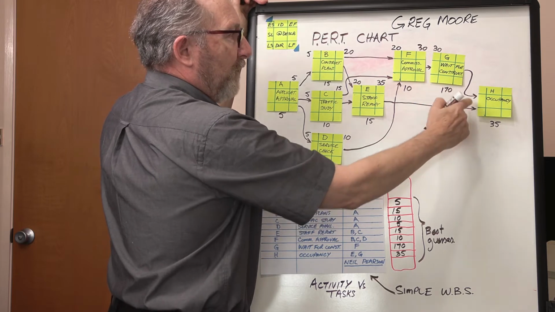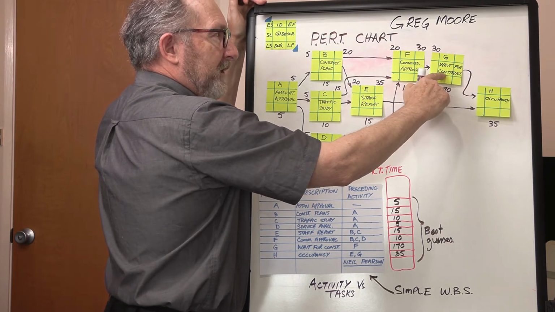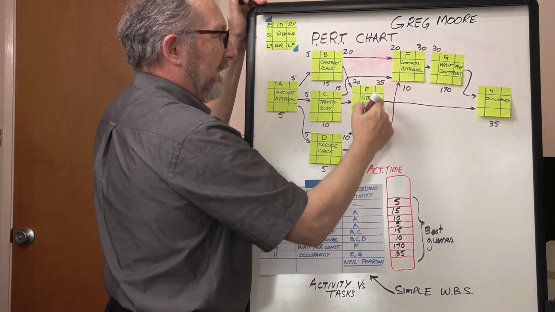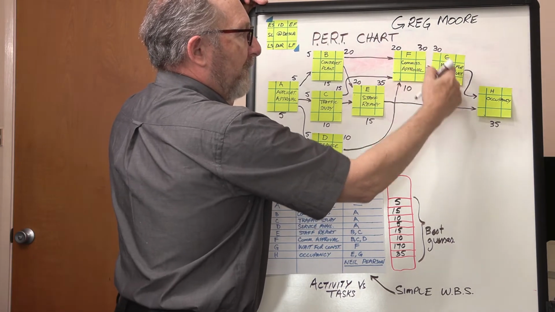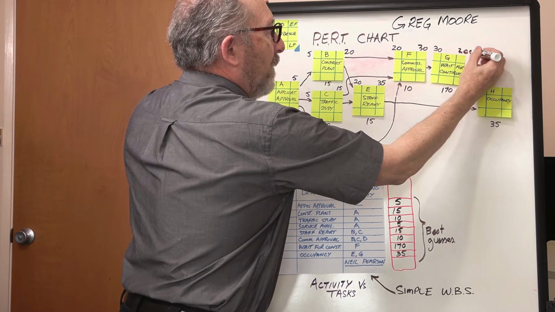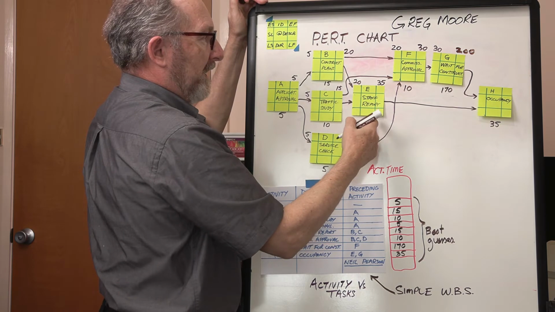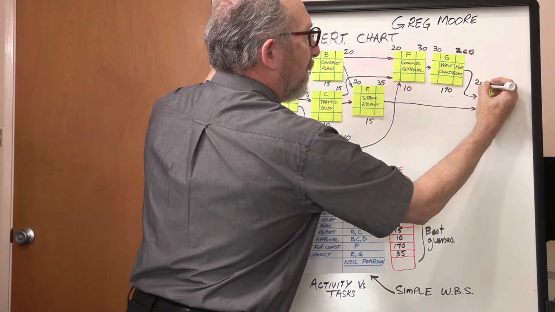But we have two things feeding into occupancy. Its preceding activities are G and E, so we have to take the larger of the two. We've got 35 for an early finish here, but we've got 30 plus 170, 200 here. 200 is much, much bigger than 35, so the 200 comes down to here.